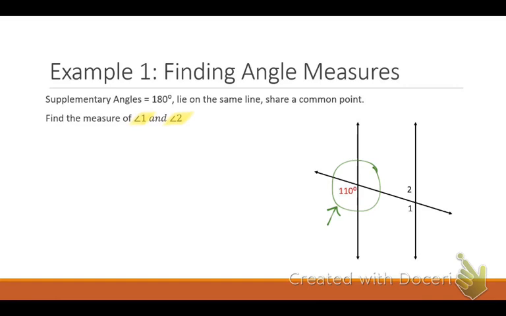So which angle on the other intersecting points is in the same location? Angle 1, it's in the bottom left. They're both in the bottom left, so they are corresponding angles and they are the same measure. So angle 1 is 110 degrees.